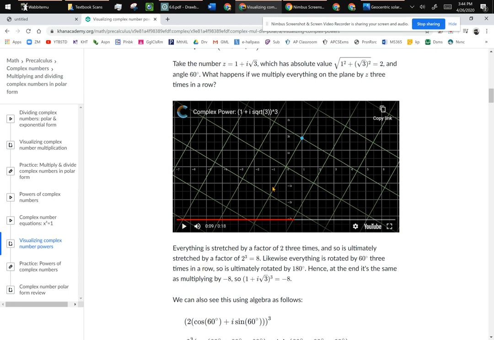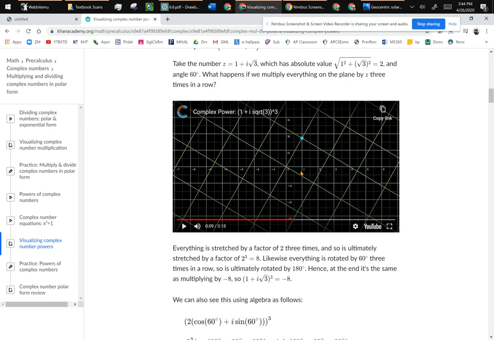Notice that if you do 1 times 1 plus i root 3, it was a rotation of 60, right? From 0 degrees to 60 degrees, you add 0 and 60, so that's 60 degrees. And you multiply your radius of 1 by 2. So now you have 2 cosine 60 plus i sine 60, right?